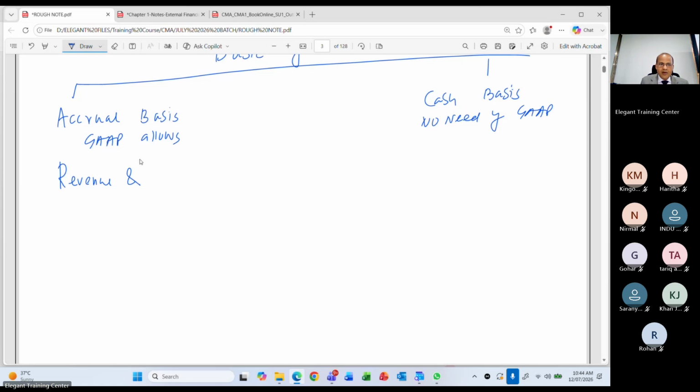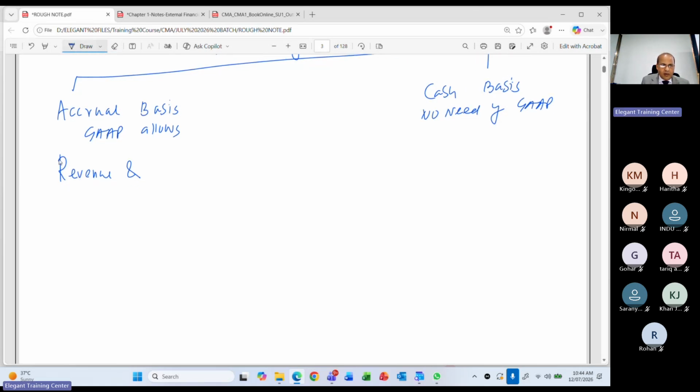Revenue, or you can say income, and cost and expenses are recorded, right?